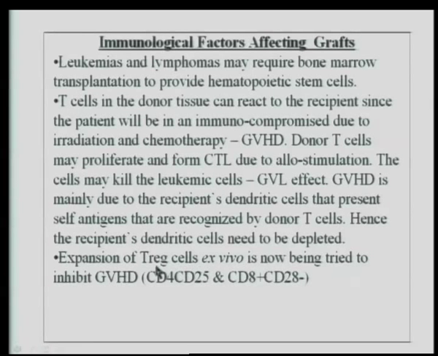Now, these Treg cells can be purified based upon the expression of CD25 on the cell surface. So, CD4, CD25 positive cells can be purified by a variety of techniques, grown in vitro using tissue culture, and then reinfused into the patients.